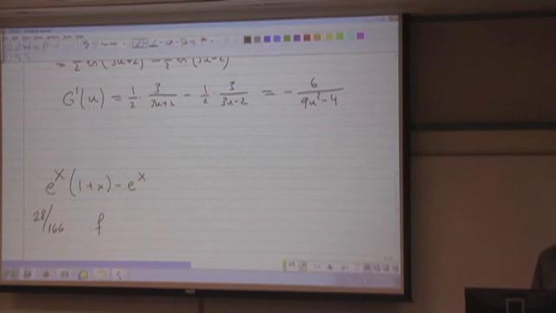We have 1 minus x e to the x divided by x plus e to the x.